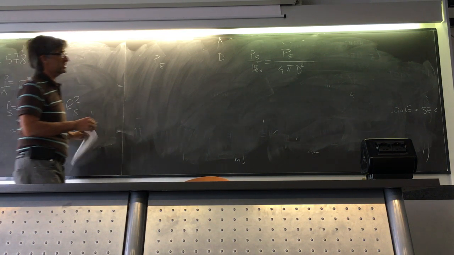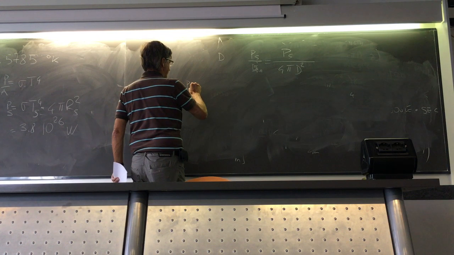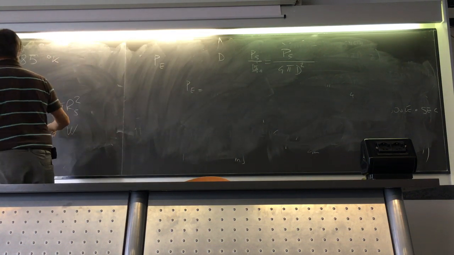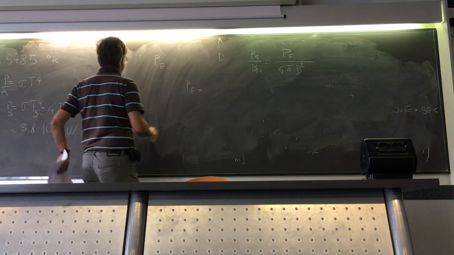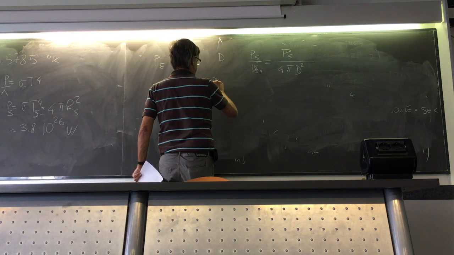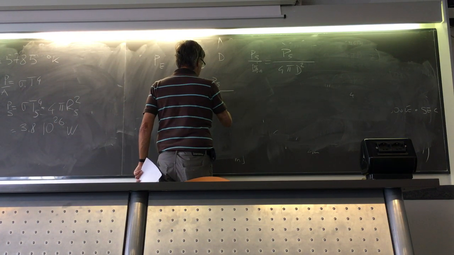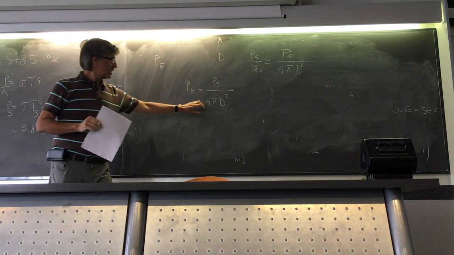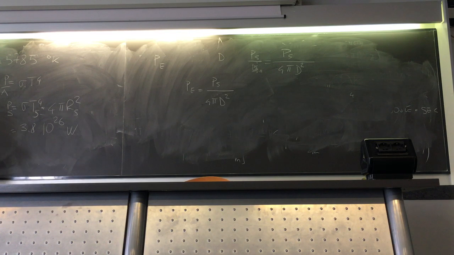So what is the power that you have on the Earth? It is the elementary power, so the power of the sun, this number, divided by 4 pi d squared, that is the surface, multiplied by how much surface you get on the Earth.